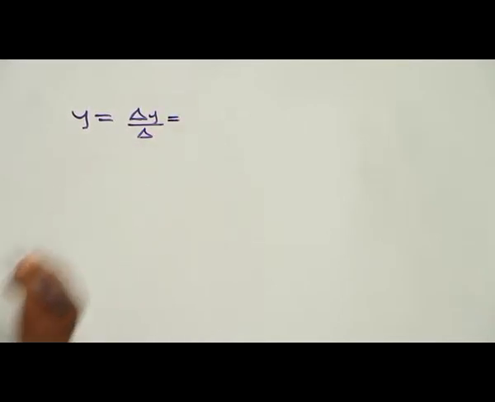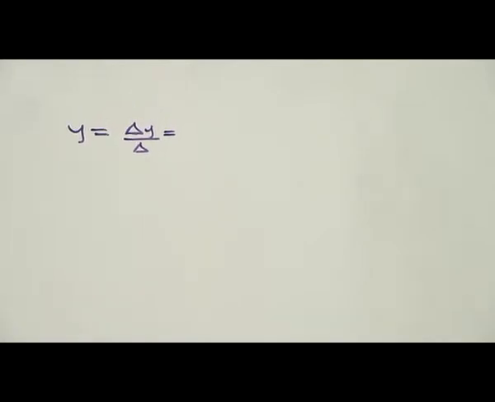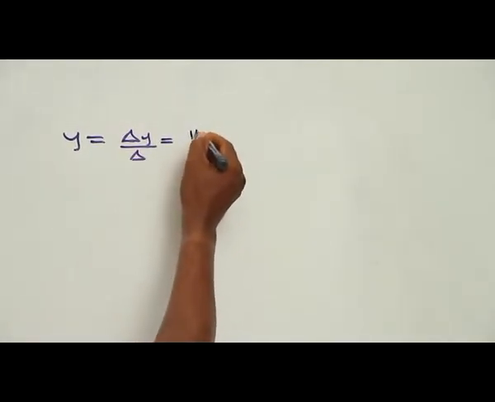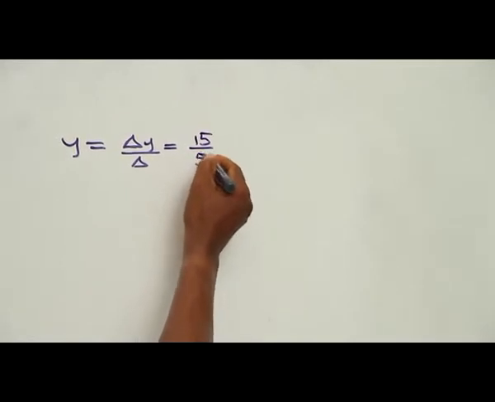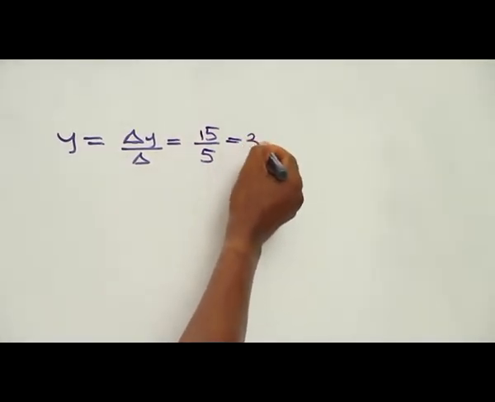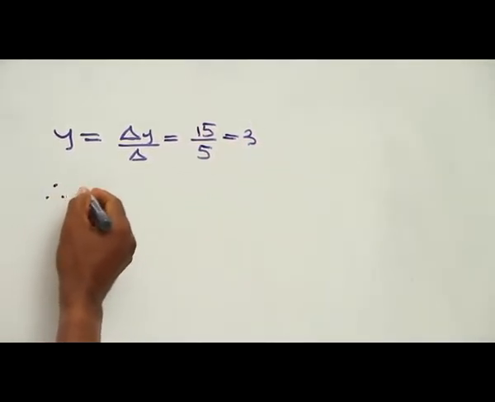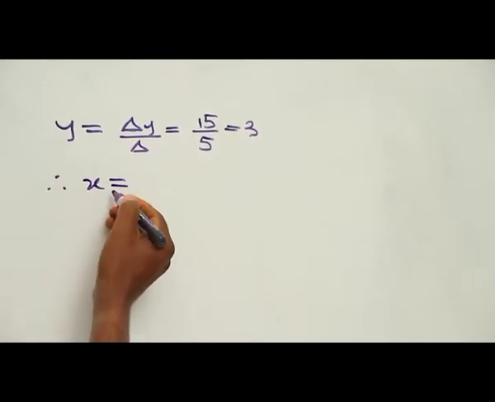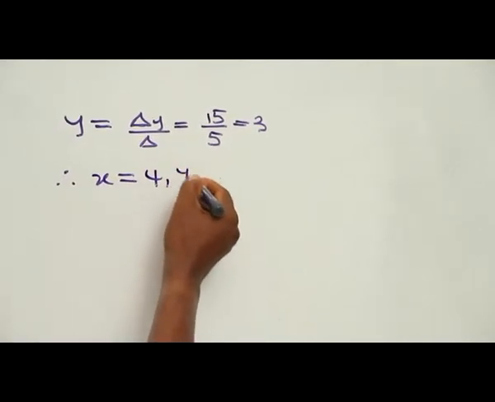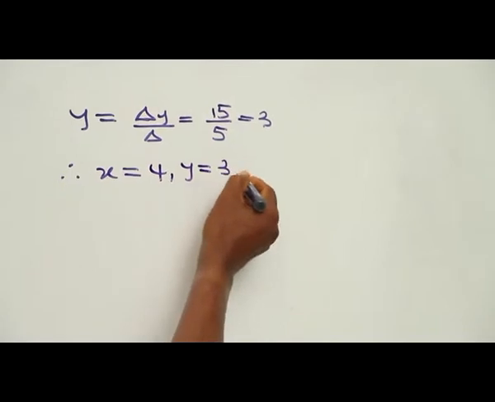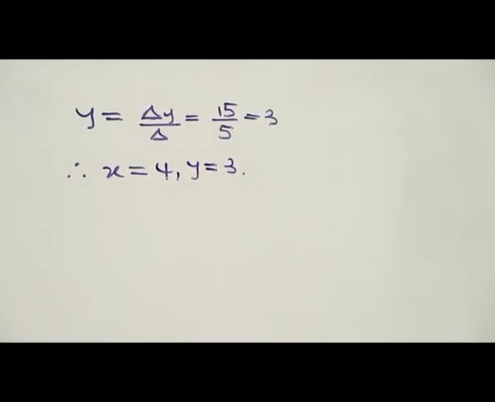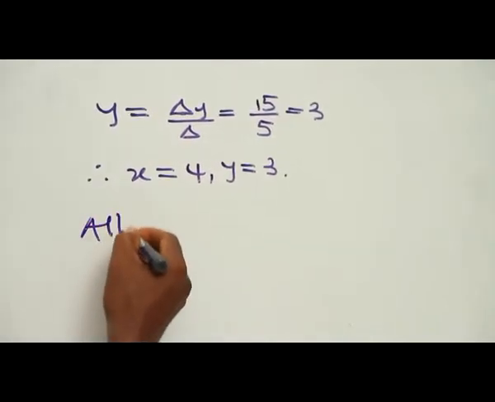And delta Y over delta will give you 15 all over 5. And the result is equal to 3. Therefore, your S is equal to 4 and your Y is equal to 3.